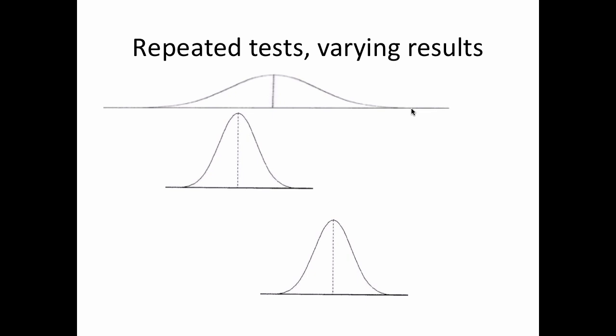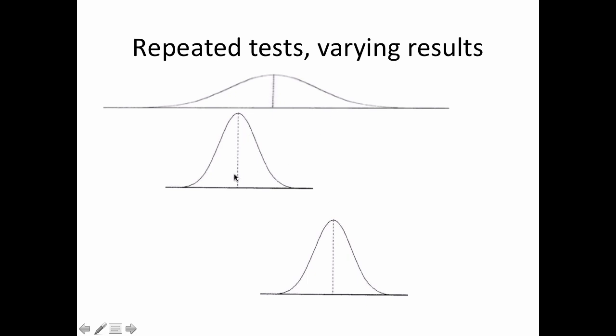Now, what do you think would happen if we repeated a test again and again? Supposing, for example, we measured the BMI in this top group, and then we measured it in a different group and in a different group. Can you see what's been happening? In this group, that was the mean, and that was the dispersion or spread.